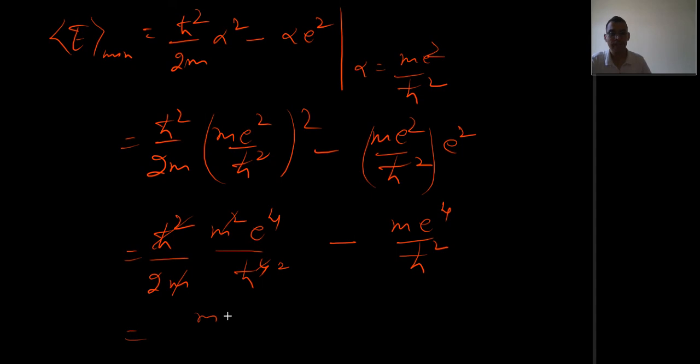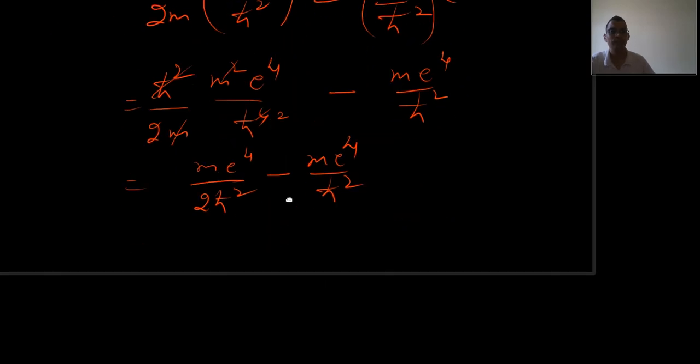So it is me⁴ over 2ħ² minus me⁴ over ħ². And let me simplify it taking LCM. So it is minus me⁴ over 2ħ².